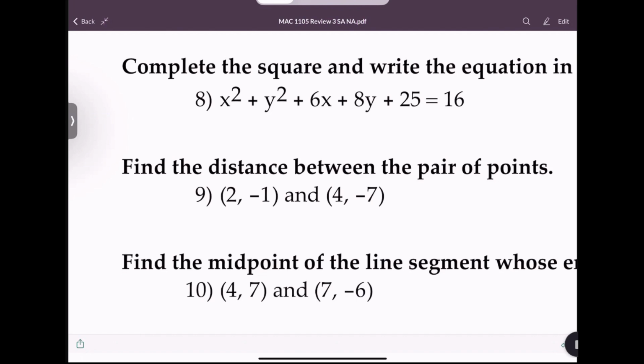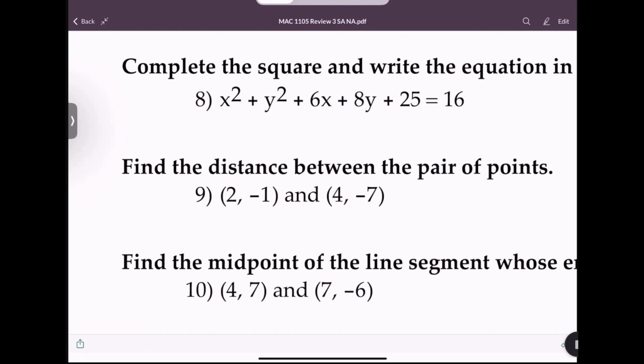Wait, I can get rid of the y squared. So remember what you did. Our first thing we did was we got rid of the c and we grouped the x's together, grouped the y's together, so that we can find a new c for x, a new c for y, and add them to both sides. Remember that?